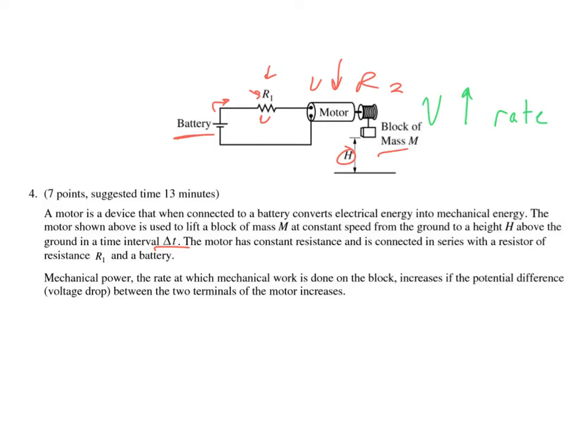So more voltage on the motor, the faster that motor is going to be able to lift that block. Which kind of makes sense, right? If we're thinking about how a motor might work, or how in this case it spins. So more voltage, just like a light bulb. More voltage, the light bulb is going to be brighter. In this case, more voltage, the motor is going to go up faster.